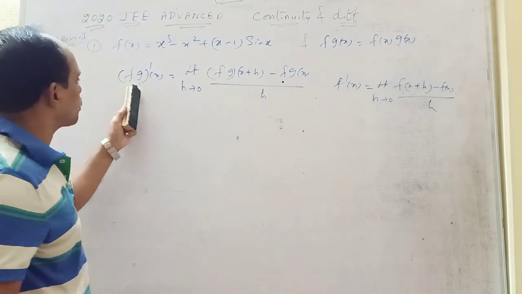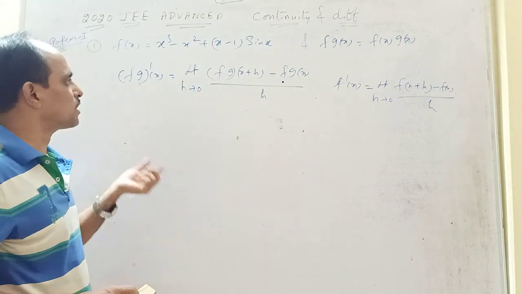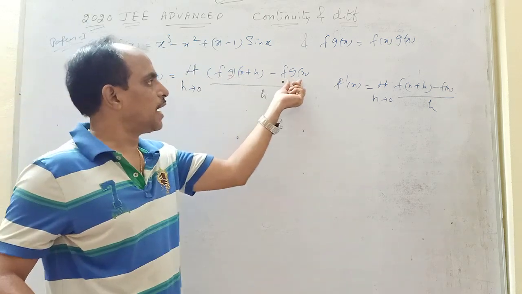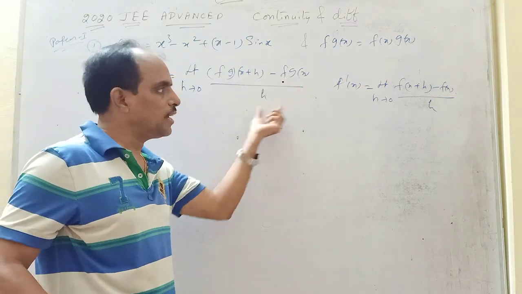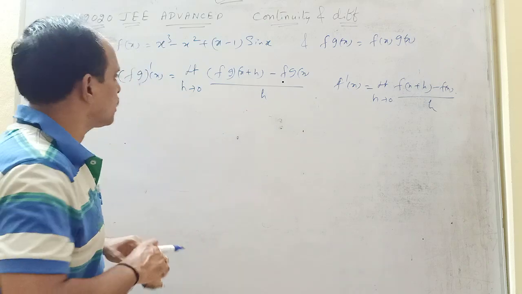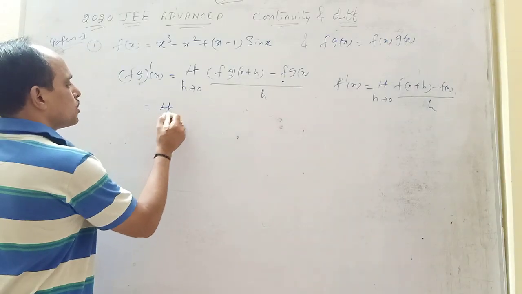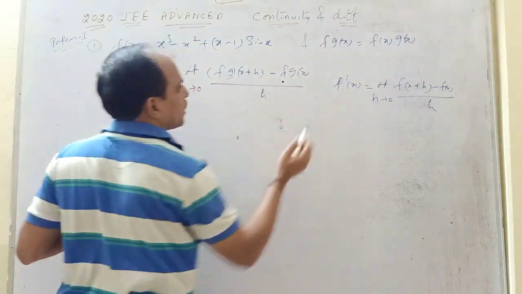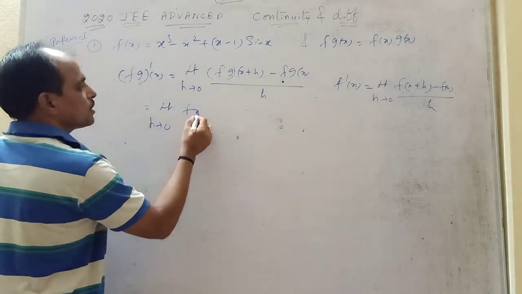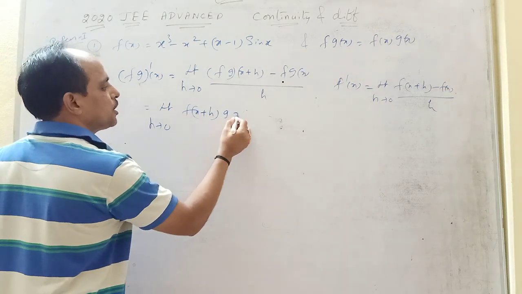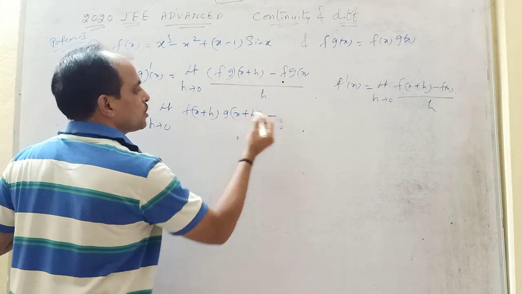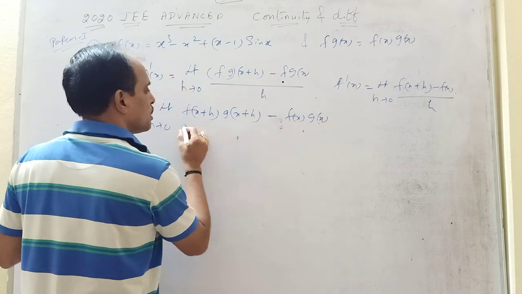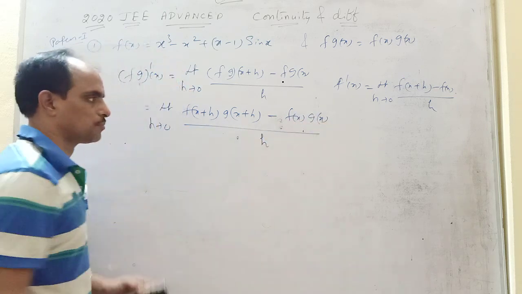Now we are going to find the derivative fg dash of x, which is the limit as h tends to 0 of fg of x plus h minus fg of x, divided by h. I write fg of x as f of x into g of x. So it is f of x plus h into g of x plus h, minus f of x into g of x, whole divided by h.